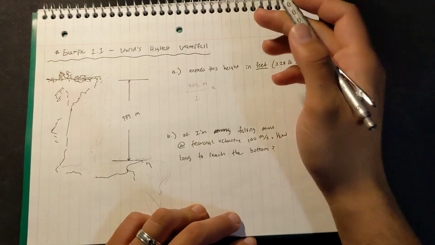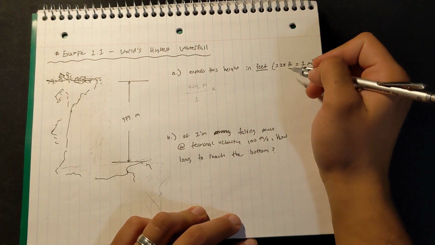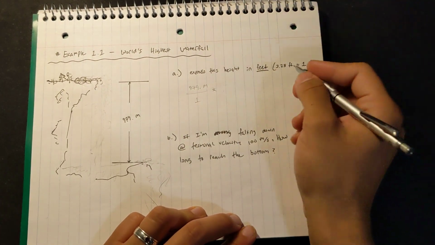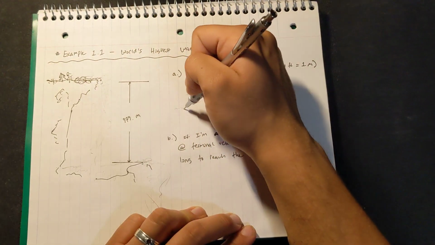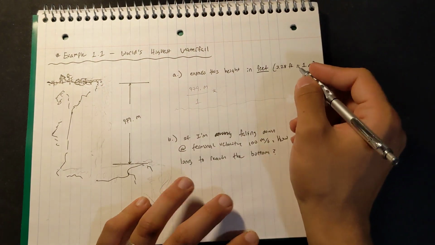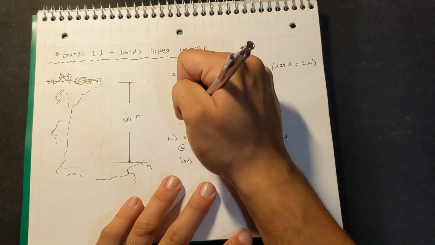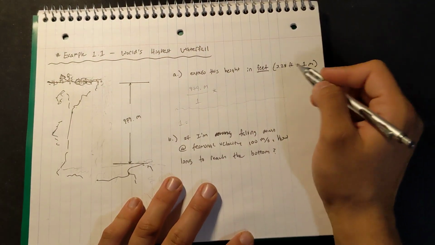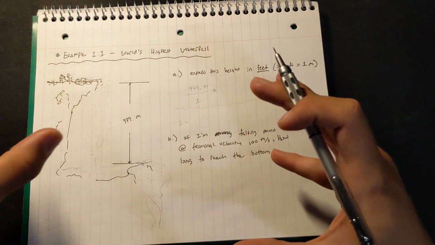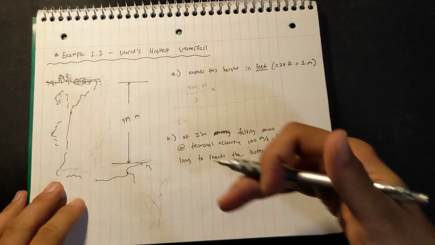So we've done the math to start this, and what we know is that 3.28 feet is equal to 1 meter. Now remember our trick here. I'm going to write it down here so we can keep this organized. 3.28 feet is equal to 1 meter. Let's write that in two ways. Remember, if two things are equal to each other and we divide them by each other, then anything that's equal divided by itself is 1, right? 3 divided by 3 is 1.